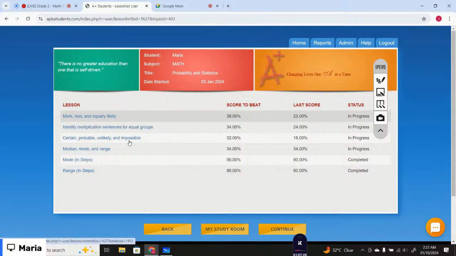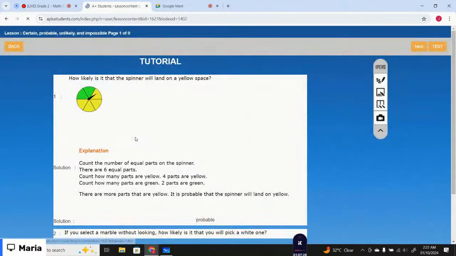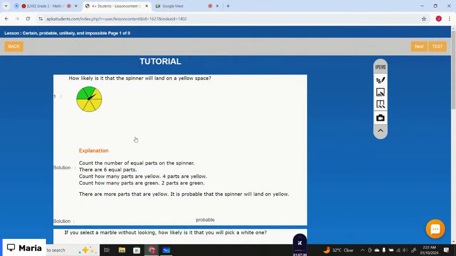The next lesson is certain, probable, unlikely, and impossible. So let's just start with the lesson.